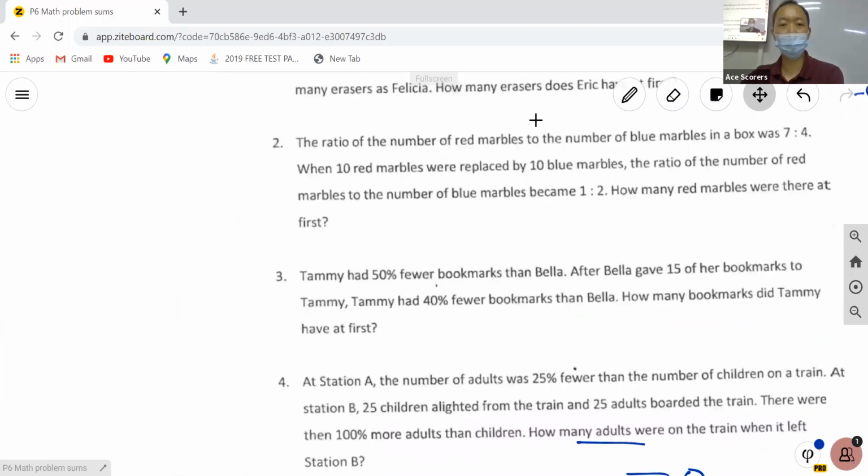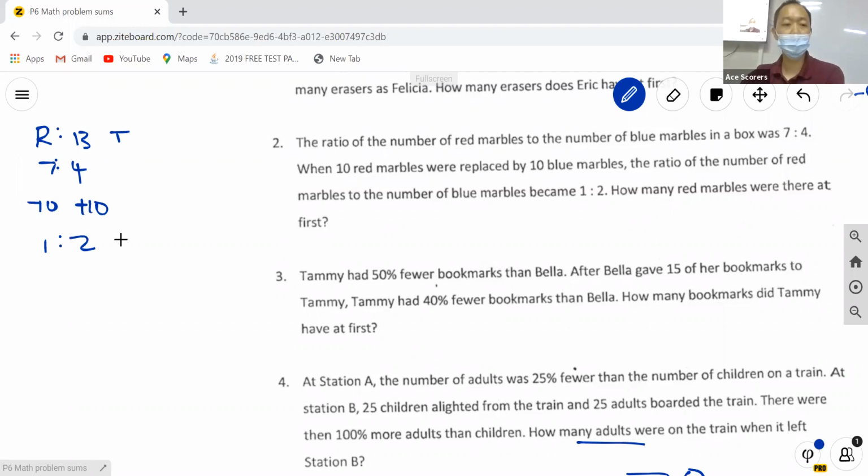I'm going to write it here. Red is to blue, 7 is to 4. So here plus 10, here minus 10. The ratio of the number of red to blue is 1:2. So it became 1:2. So total unchanged. Total is 11. This is 3.